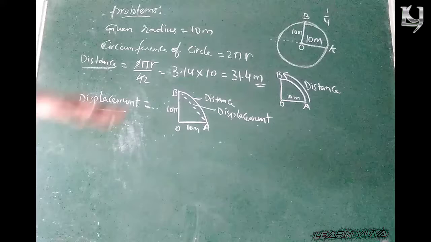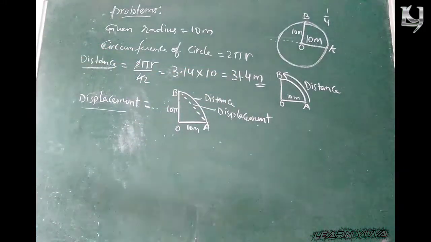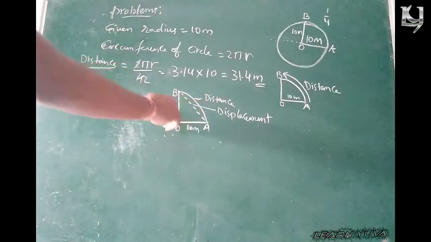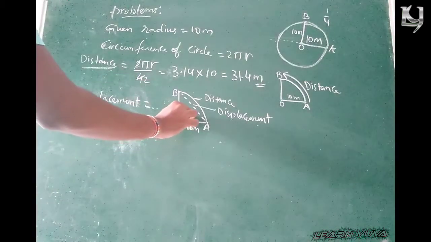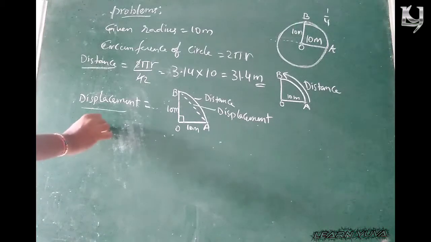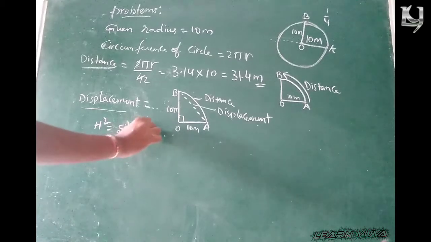Okay, so we already found the distance value 31.4 meters, but the displacement value we have to find out, since it is a straight line and it looks like a triangle. So by right angle triangle, we need AB value by the formula hypotenuse square is equal to side square plus side square.